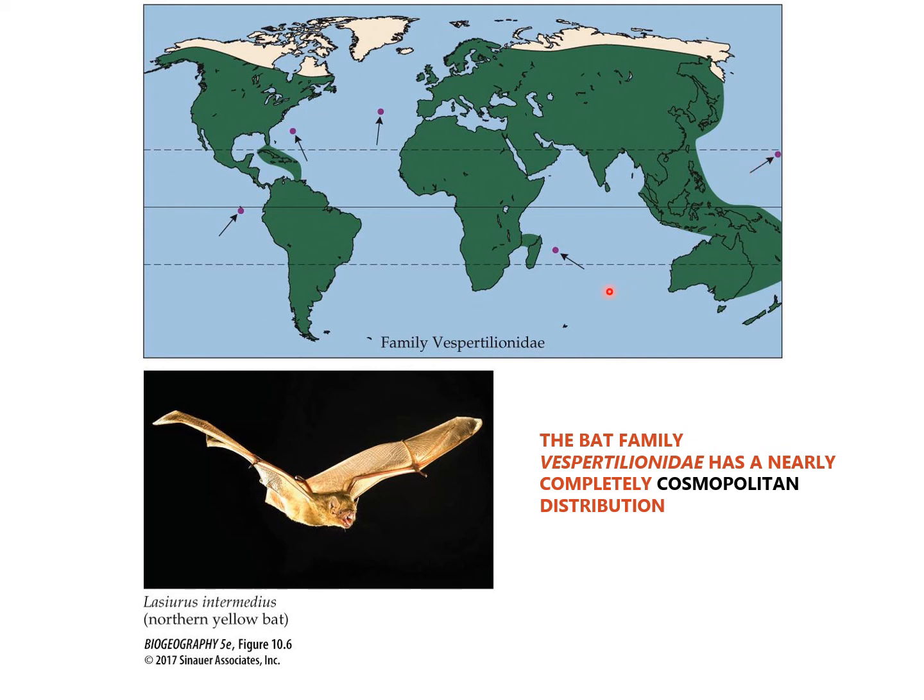Not every genus or species will be found in these locations, but the family is very widespread. Basically, unless you're in the Arctic latitudes, you're going to find members of this family pretty much anywhere, even these super remote areas. So that's a very clearly cosmopolitan distribution.